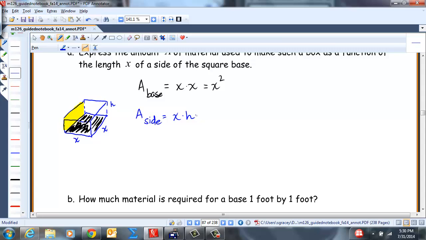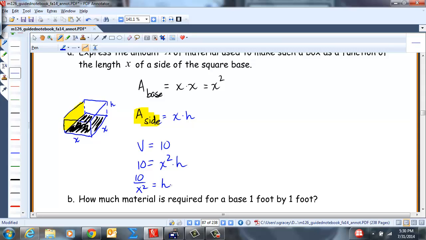That's the yellow area. And we've also been given information that the volume of the box is equal to 10. So you end up with 10 is equal to x squared times h. So if you isolate h, you get 10 over x squared is h.